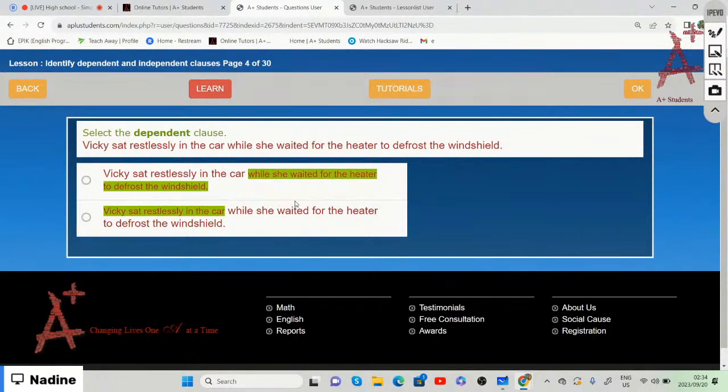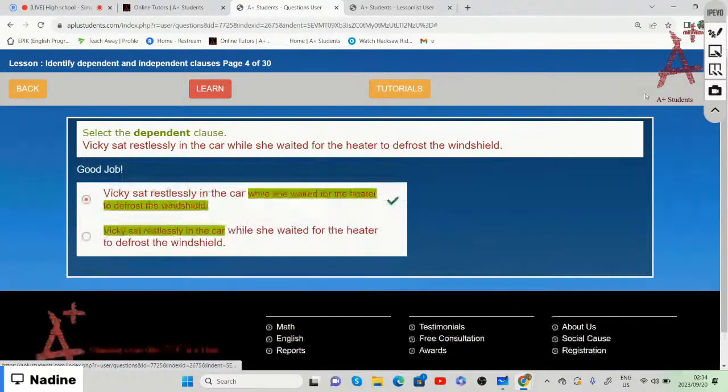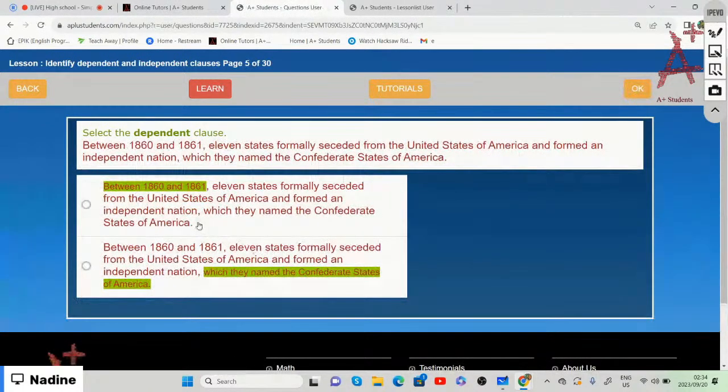Is it while she waited for the heater to defrost the windshield, or Vicky sat restlessly in her car? And we've chosen the first option because while is a subordinating conjunction. And then once again, we select the dependent clause.